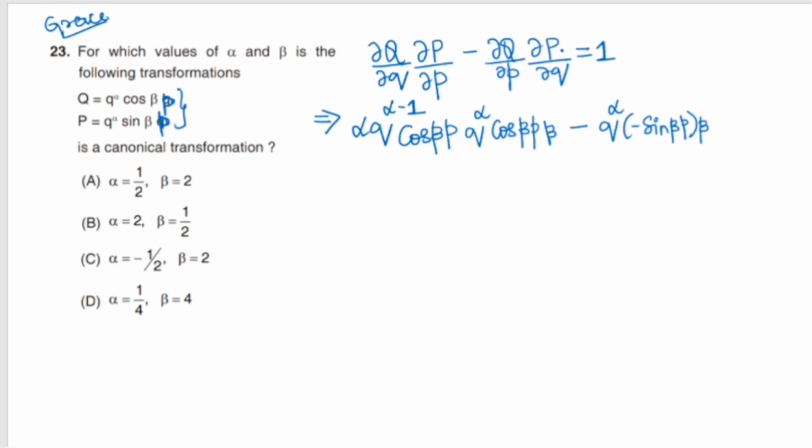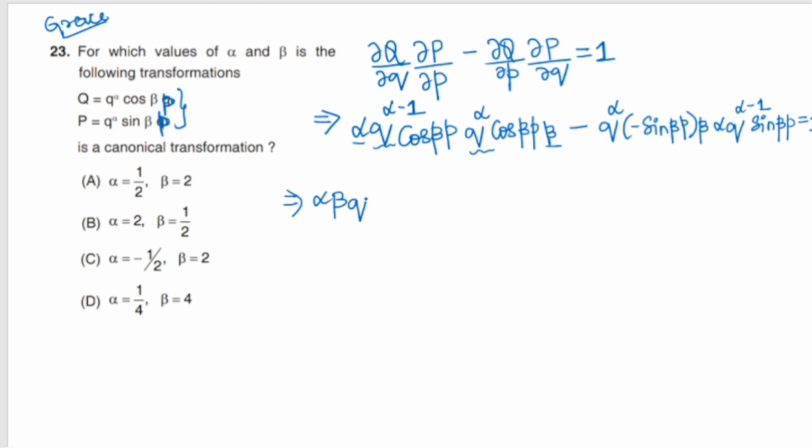Next, what we have, partial derivative of P with respect to q. So it will be alpha into q to the power of alpha minus 1, and sine of beta p remains as it is. So equate this to 1. On rearranging the terms we will get alpha and beta, keep them on one side, and here we have q to the alpha minus 1 and q to the alpha.